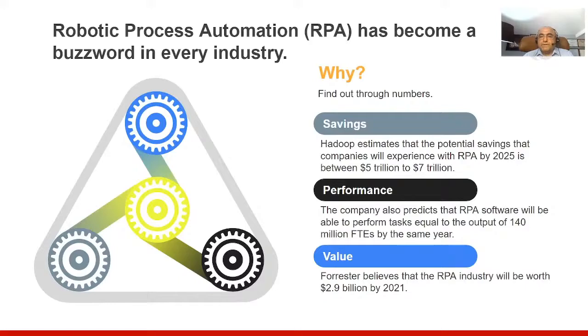There are two important parts. With RPA you can accelerate your process, you can create savings, and the performance is increased. And most important, for both sides, not just the internal company process but also the customer and the supplier part, you will create value. That's the very important part.